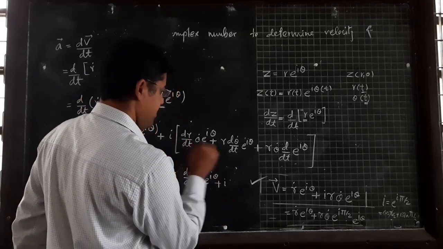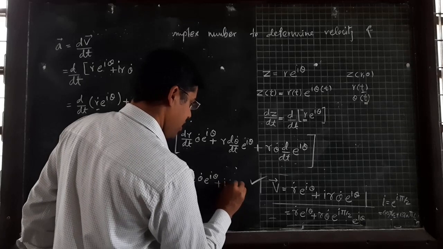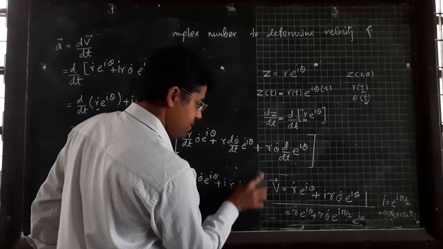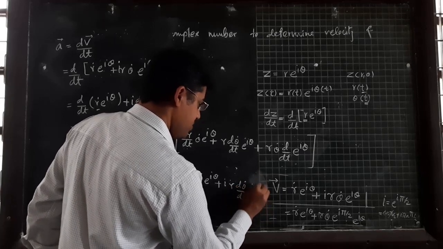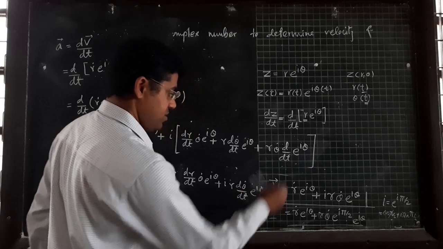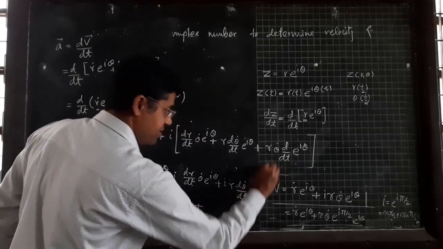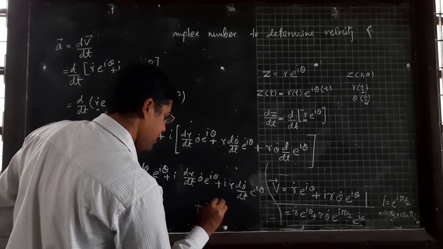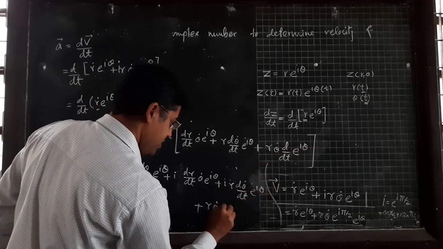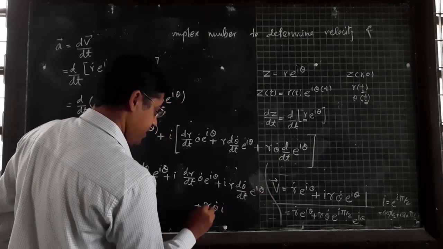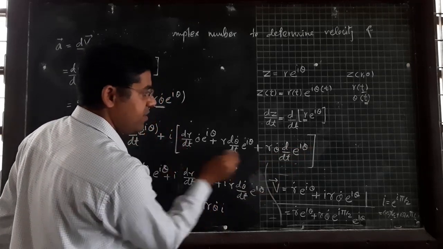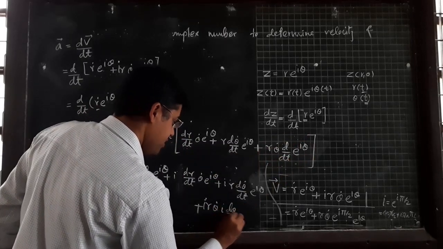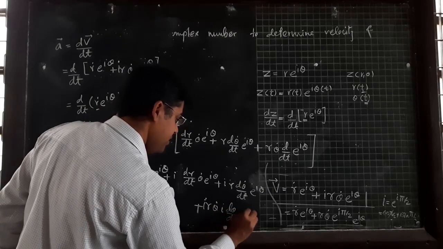Okay, so anyway we will multiply inside this one also, i plus this is i, this is r d theta dot by dt and e raised to i theta plus this is r theta dot, so this is nothing but i, already i we have multiplied inside this one, and due to this particular term this is i d theta by dt and e raised to i theta.